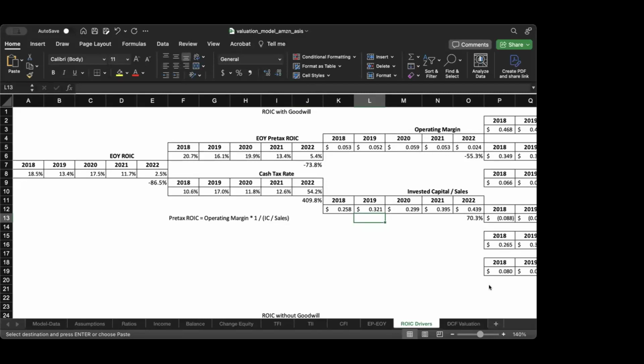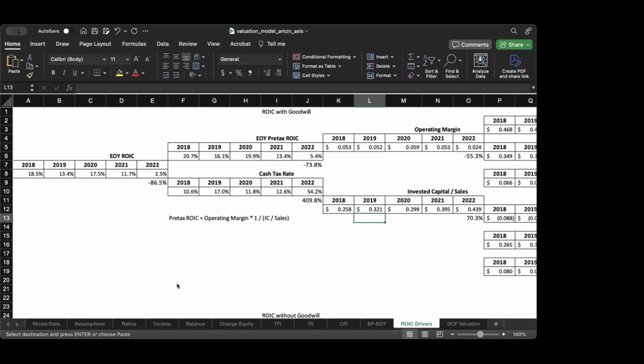Do you want me to just explain the EOY ROIC? Yeah, just do the first level: tax rate, margin, productivity, starting with EOY ROIC. Okay, so in 2018, it had an ROIC of 18.5%. And if we compare it to 2022 of 2.5%, we see that it went down by 86.5%.